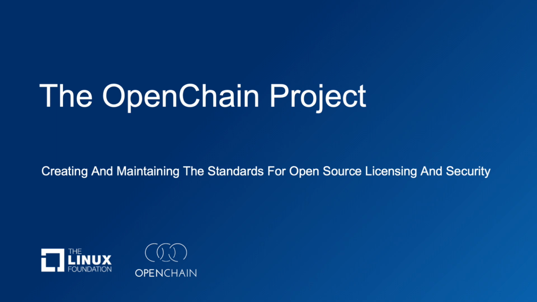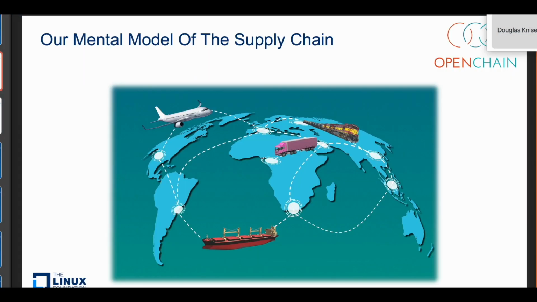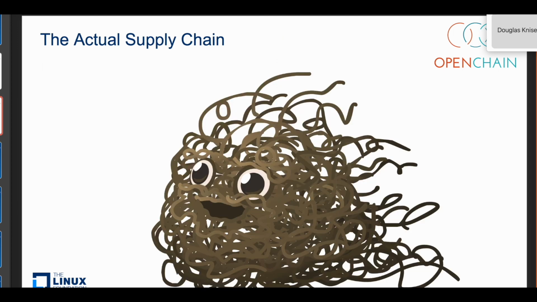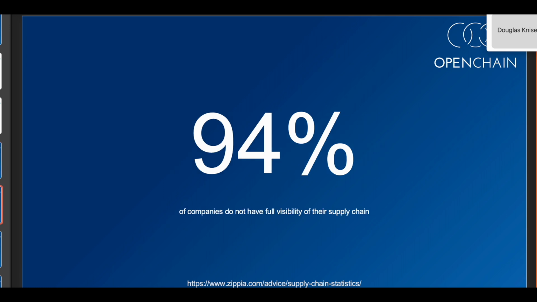So the industry has been working on these thorny problems for a while, and the obvious reason is that the supply chain isn't like this. It's a giant spaghetti monster of chaos. The data points on the supply chain, there's plenty of them, indicate we have some serious issues. With over 65% of managers monitoring their supply chain in Excel, you can see that having systemic approaches like software bill of materials is pretty rare.